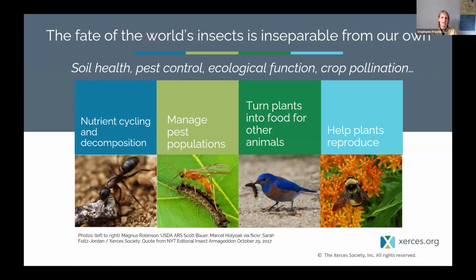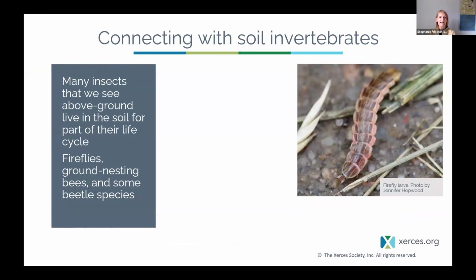Focusing in on some of the connections and roles for today are how they're part of nutrient cycling and decomposition, managing pest populations, turning plants into food for other animals, helping plants reproduce. We'll be looking at a lot of that in more detail coming up.